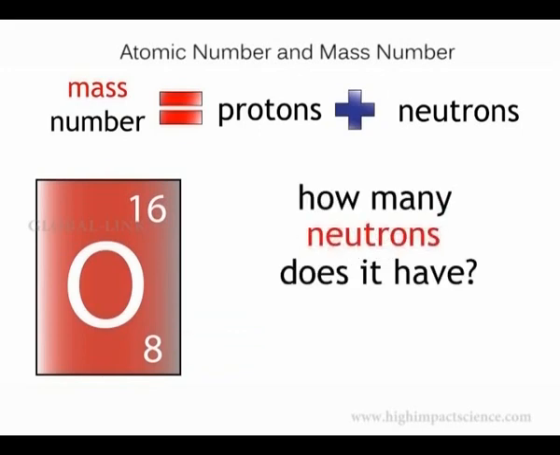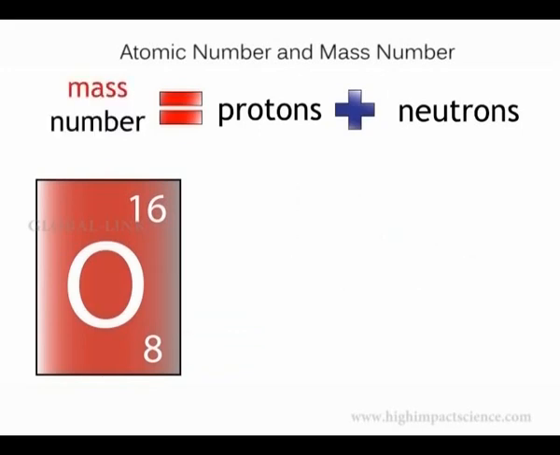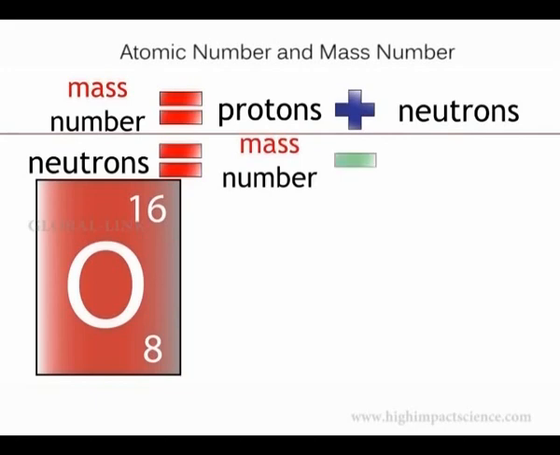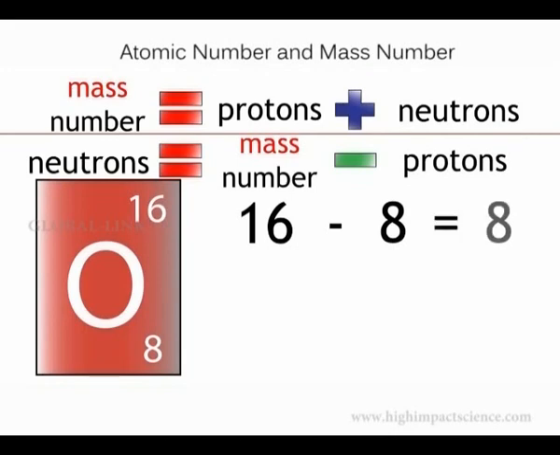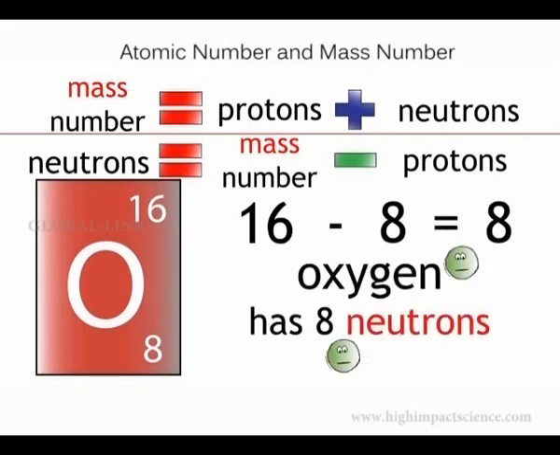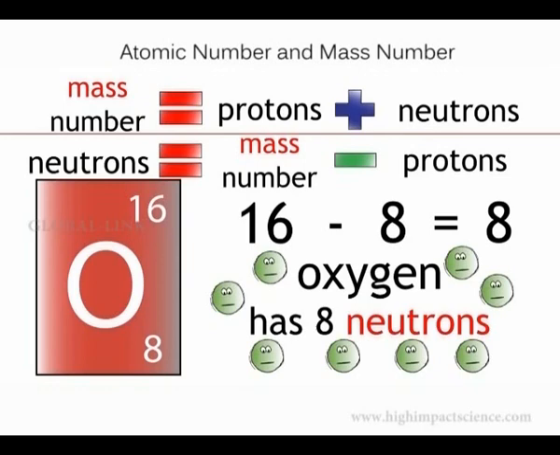How many neutrons does it have? Mass number is equal to protons plus neutrons. So neutrons is equal to mass number minus protons. That is 16 minus 8, which is equal to 8. Oxygen therefore has 8 neutrons.